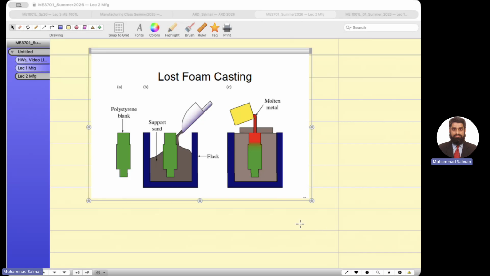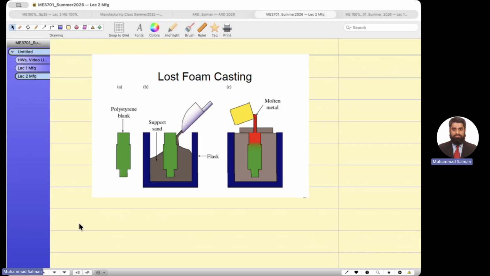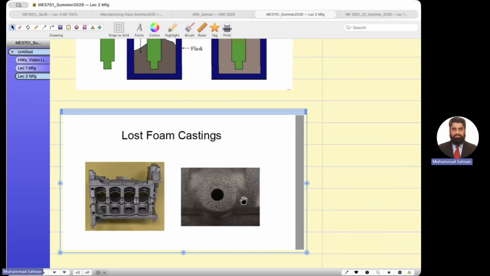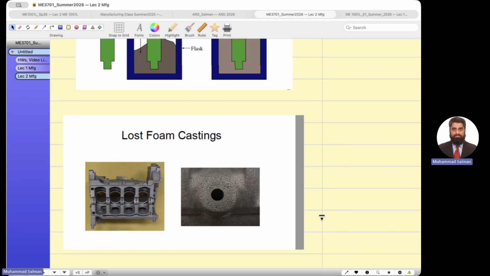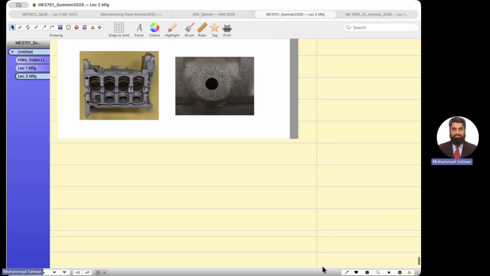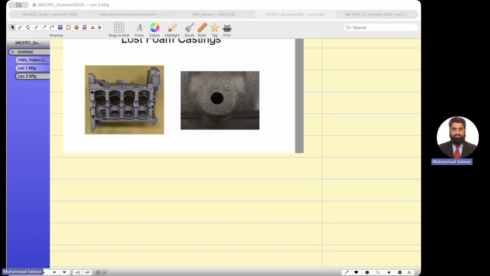You see these shapes, the styrofoam has all its defects. If you take a closer look, these small grains are because of the burning of the styrofoam when the molten metal comes in contact.